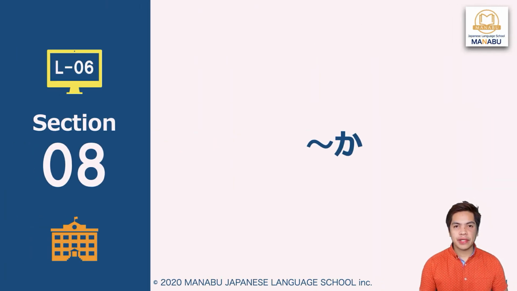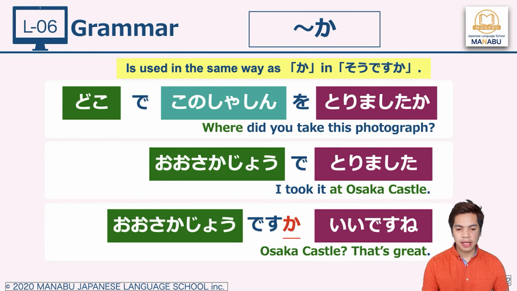Our next grammar point, ka. So the particle ka is used in the same way as ka in so desu ka? I see. So in this example, doko de kono shashin o torimashita ka? So this is our example a while ago. Where did you take this photograph? So the doko de is answered with Osaka jo de torimashita, the verb torimashita. I took it at Osaka Castle.